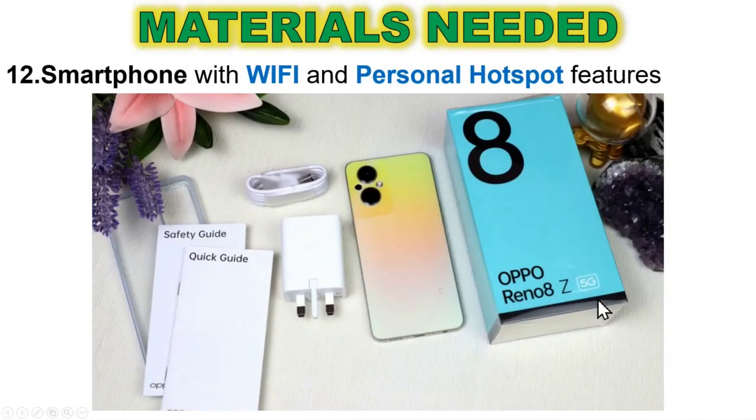We need to have a smartphone with Wi-Fi and personal hotspot features. In my simple home automation project, I use this personal hotspot to communicate between the ESP32 microcontroller, the laptop PC, and then the smartphone.